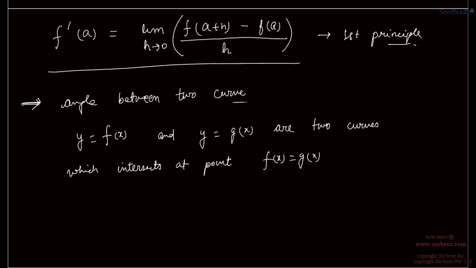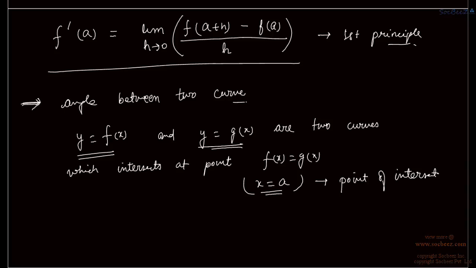So let us name the point of intersection as x is equal to a. At that point we have to find the angle between the two curves. It means that if we draw tangents to those two curves at point x is equal to a, then what is the angle between the two tangents?